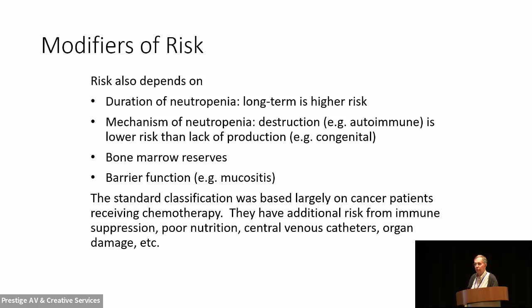Often patients getting chemotherapy have poor nutrition. They may have central venous catheters that break the skin and are potential site for infection, organ damage, and so forth. So someone who is otherwise healthy with neutropenia has less risk than somebody who's getting chemotherapy.